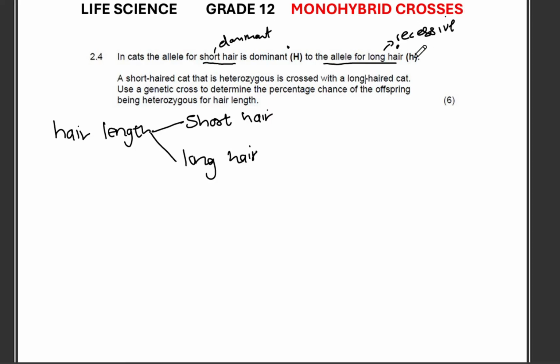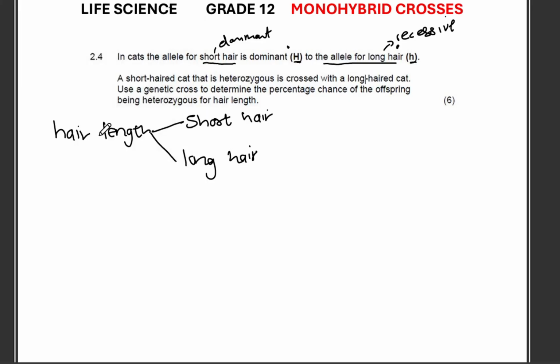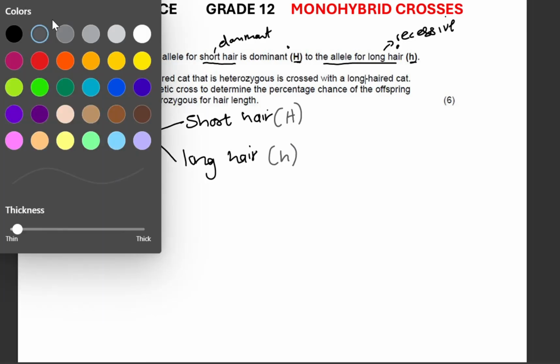They've also indicated, by using the different sizes of the letter, that a dominant gene is going to receive the capital letter and the recessive gene is going to receive the small letter. Now, you can also include that when you're answering here and breaking down your information: the short hair is having the capital letter H and the long hair is having the small letter h.